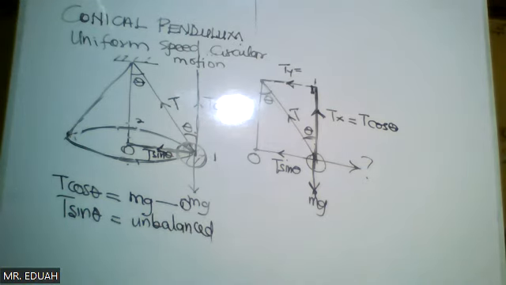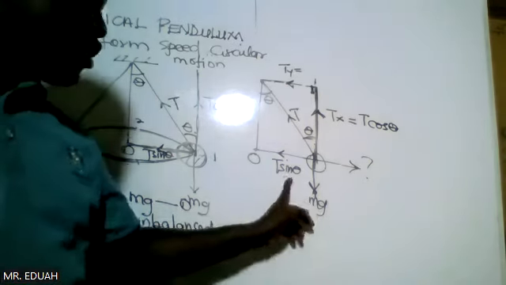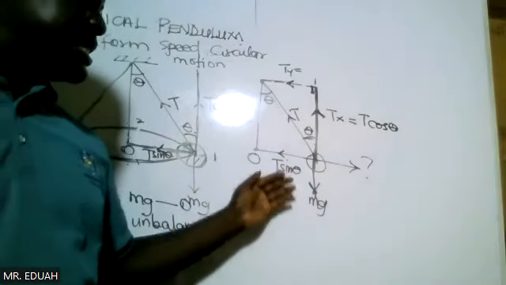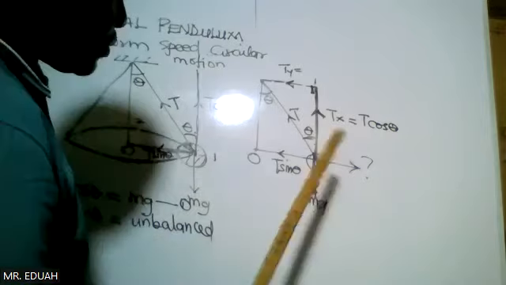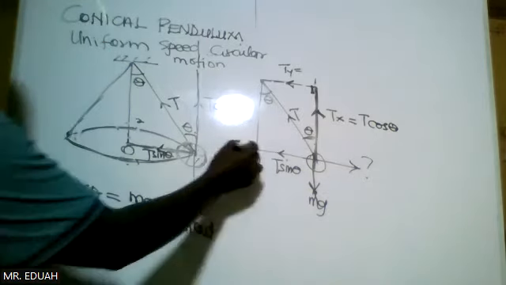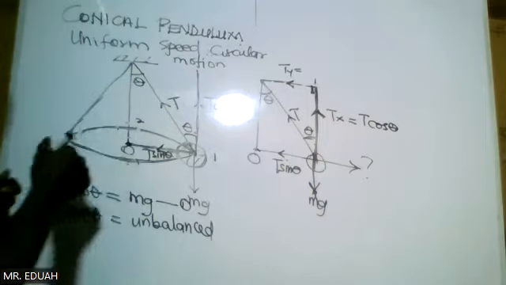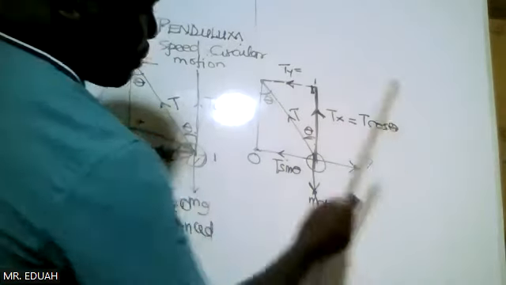It's unbalanced. It means that there is no force balancing T sine theta at the other end. So we say this one, towards the center O of the circle, is unbalanced.